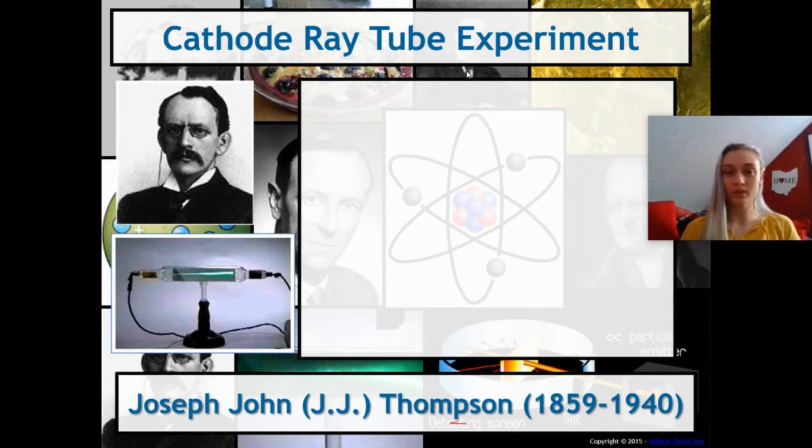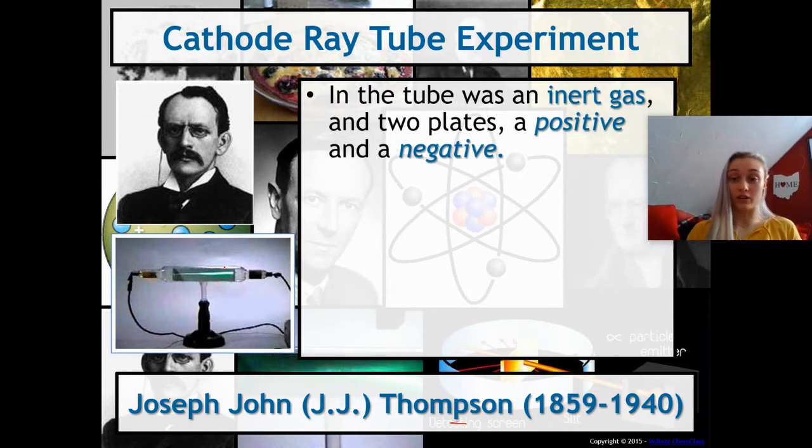Okay. So Thomson did the cathode ray tube experiment. And what that is, it's this little thing down here. And so he had an inert gas. Inert just means unreactive.